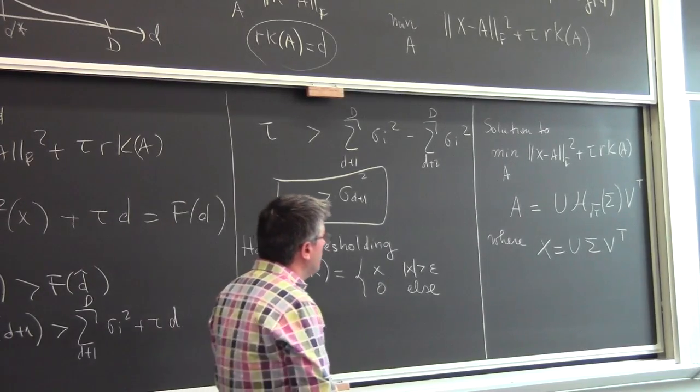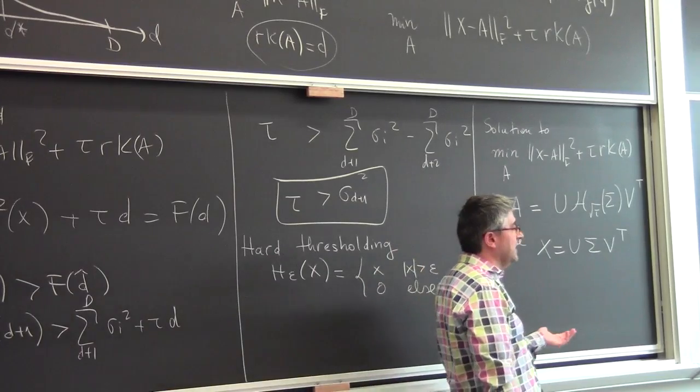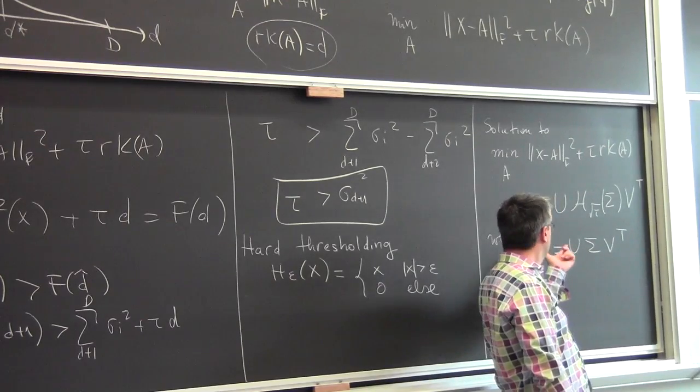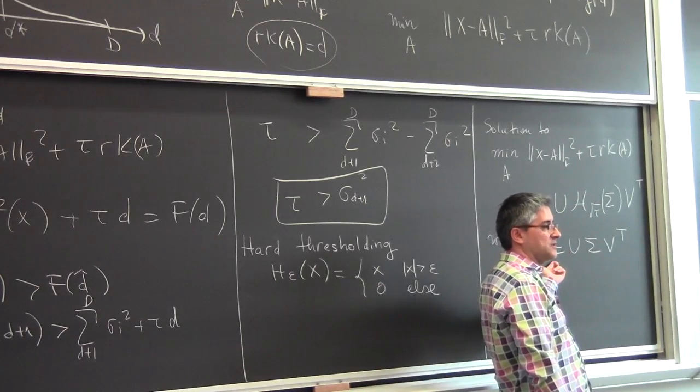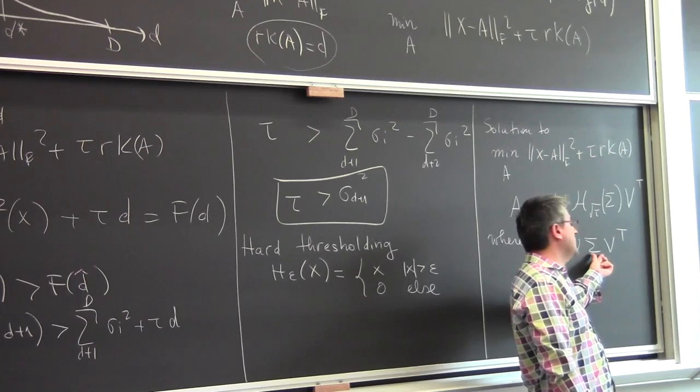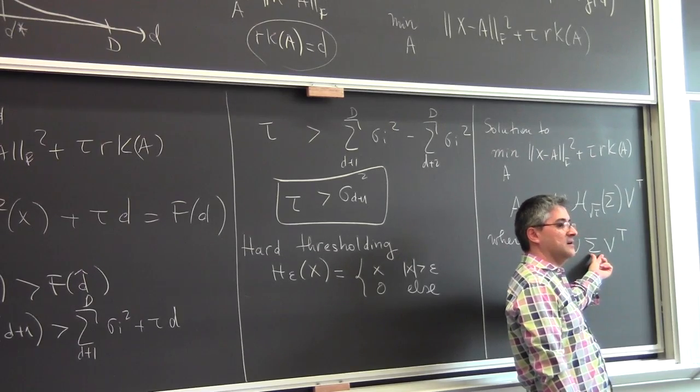Okay, so I recall what you already should know. How do you find the optimal solution to the PCA problem? You take the data matrix, you compute the SVD of it, and then you keep the top d singular values, right? That's the way you do it.